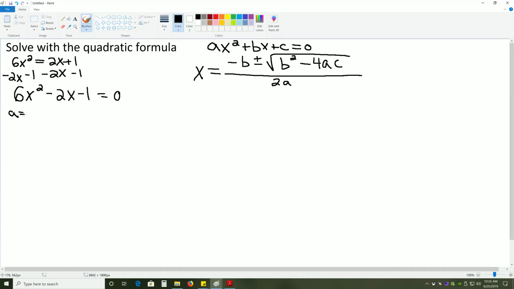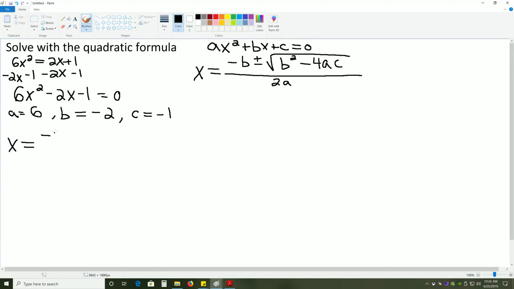We have a is equal to the number in front of x squared, which is 6. B is equal to the number in front of x, which is negative 2. And c is the number that's by itself, which is negative 1. So from here, plugging these into our formula, we have x equals negative b.